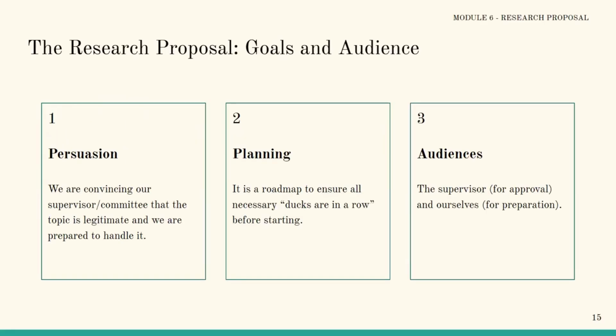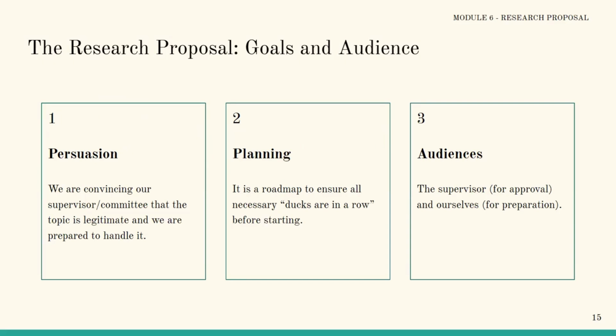Next portion, research proposal. A research proposal serves mainly two purposes: persuasion and planning, and it should always keep in mind who the audience is. Persuasion means that in the research proposal, we are convincing our supervisors or committee that the topic is legitimate and we are prepared to handle it.